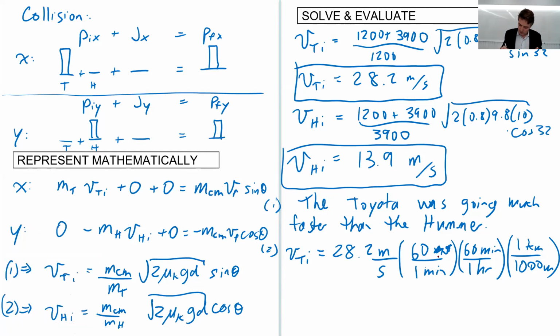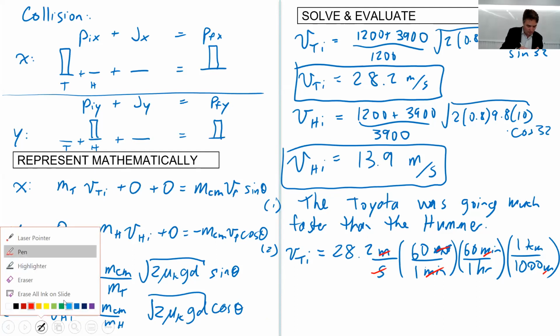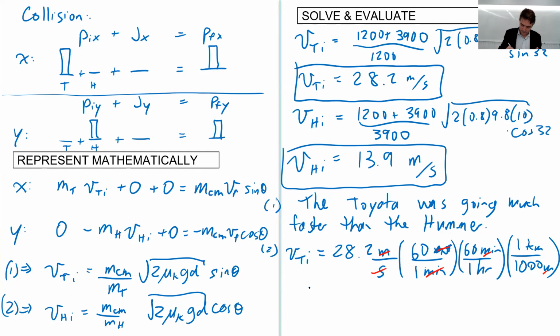Then we get seconds cancel seconds, minutes cancel minutes, meters cancel meters, and plugging that all in, V Toyota equals 102 kilometers per hour.